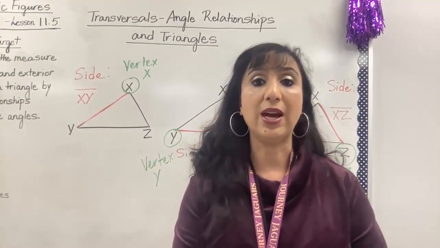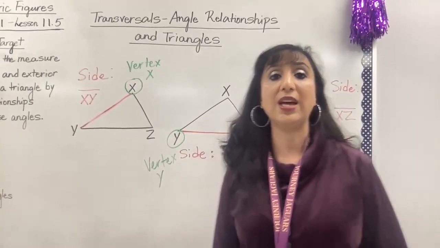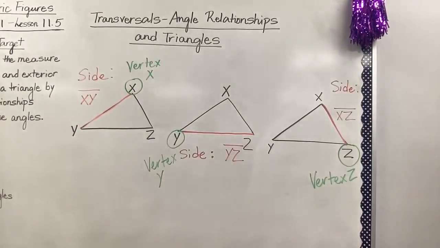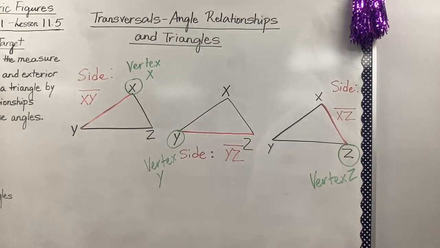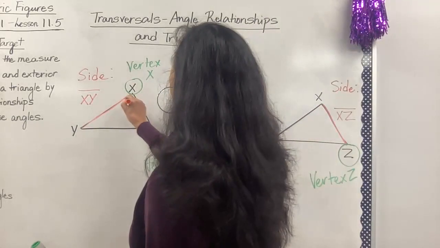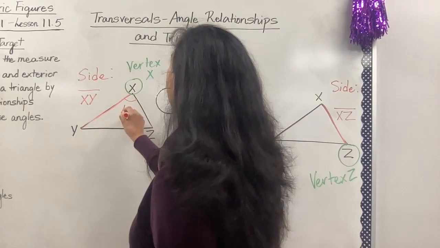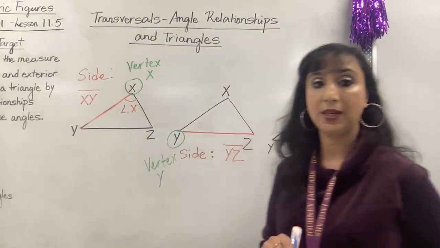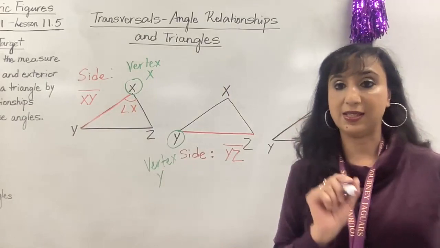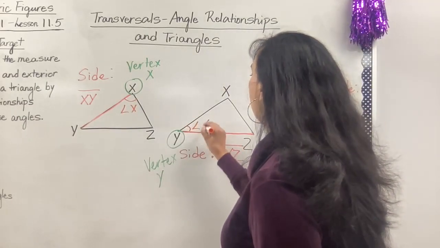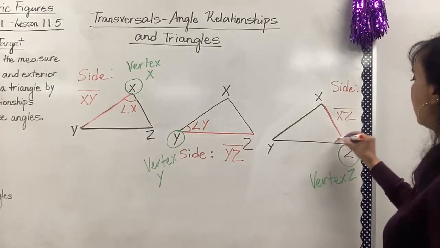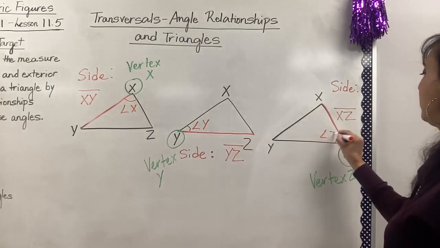Now let's look at which ones are the angles over here that are formed. And the first one here is angle X. And the angle is written like this. That's telling you it's an angle. This one is angle Y, and this one is angle Z.